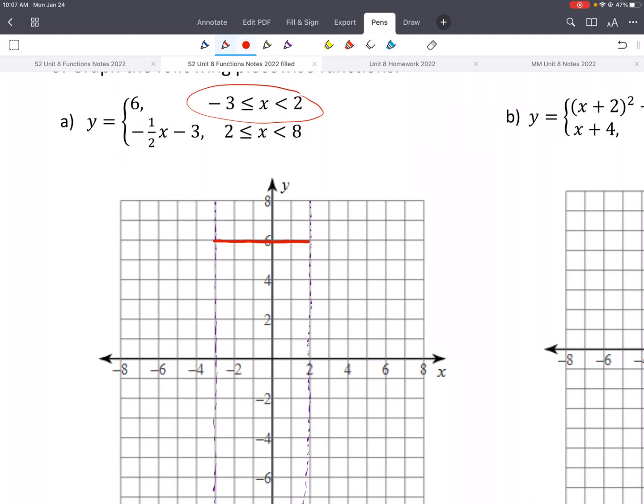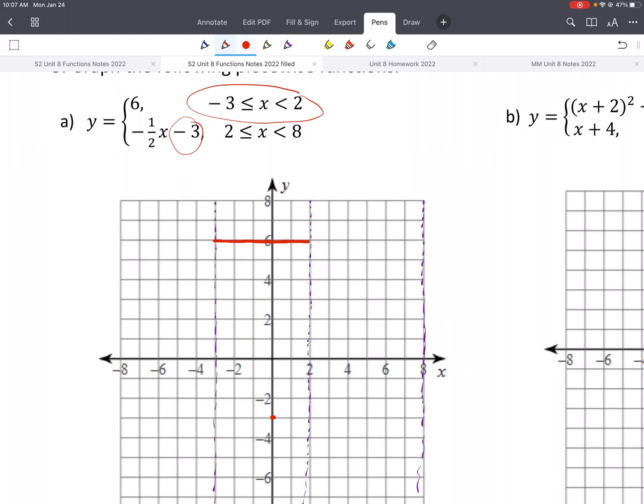Okay, the next one, this graph goes from 2 to 8. We already have the dotted line for 2, and then 8 would be here. We want to graph that equation. This is a linear equation, so again that tells us our y-intercept is -3. But hang on, this isn't in the right domain. Either you can draw it and then erase it later.